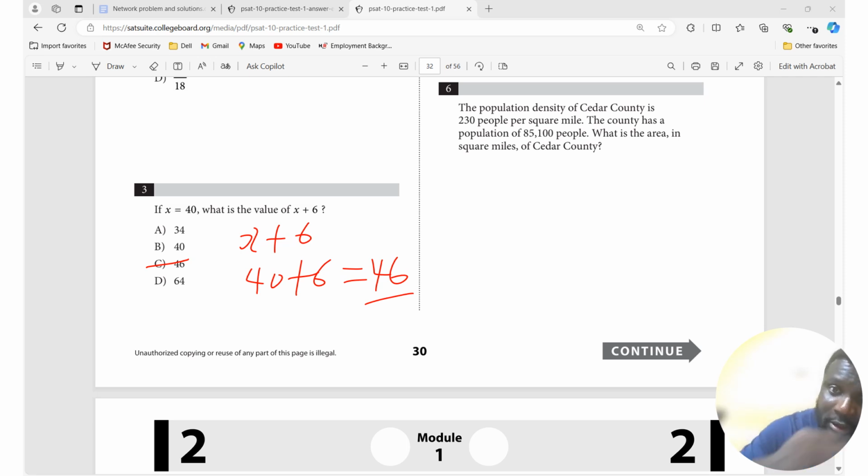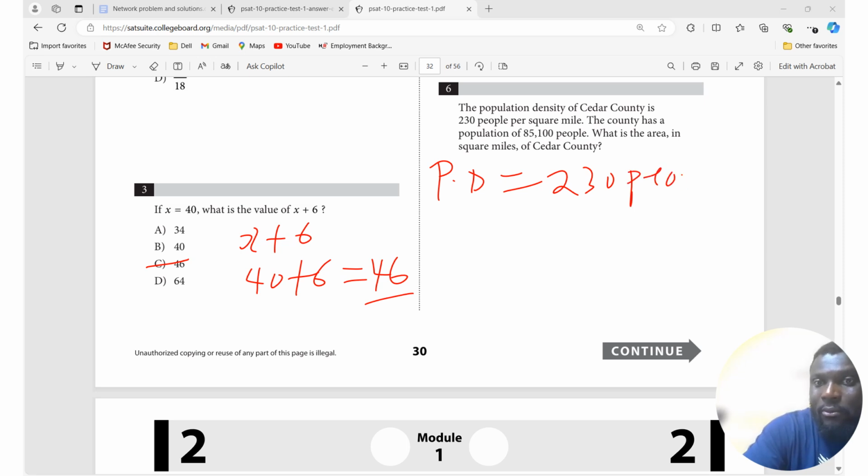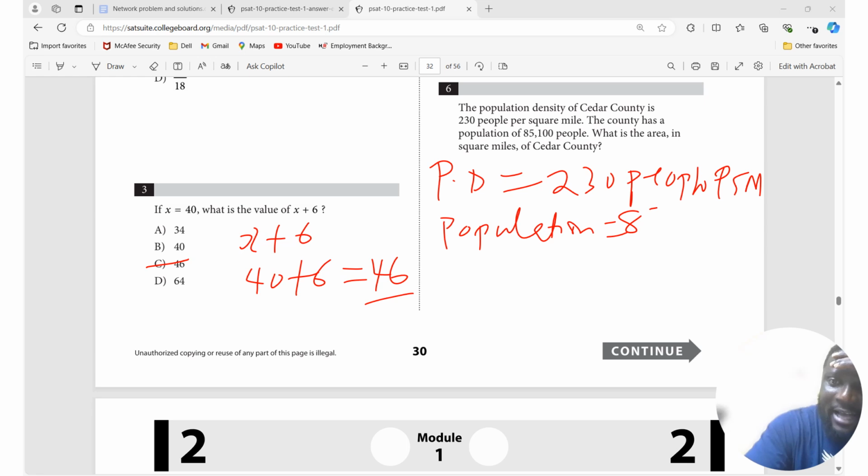So the population density, PD, is equal to 230 people per square mile. And the population is equal to 85,100 people.